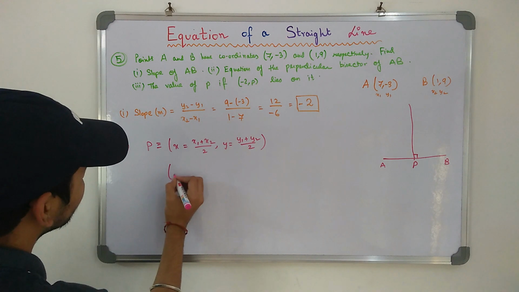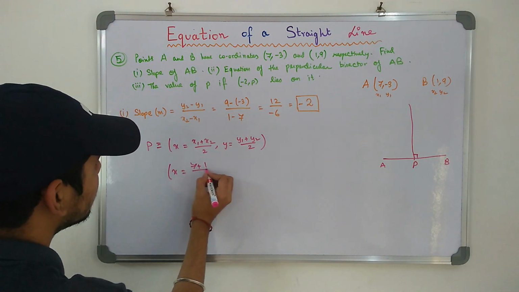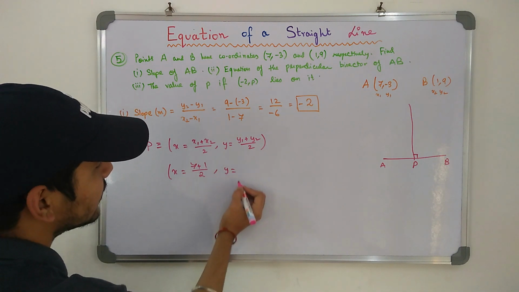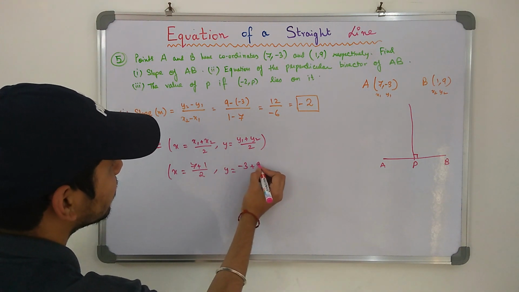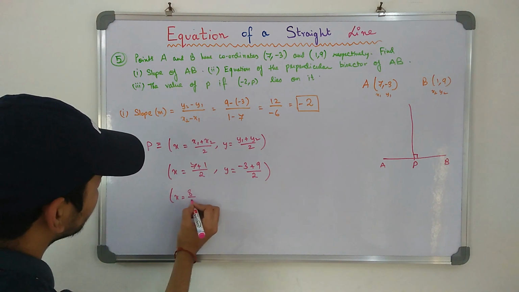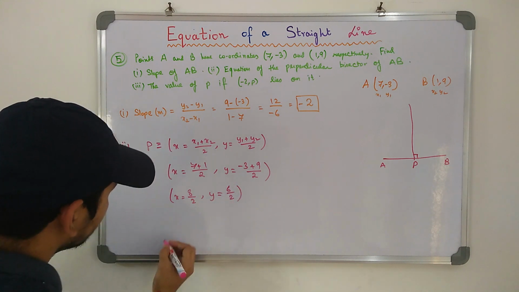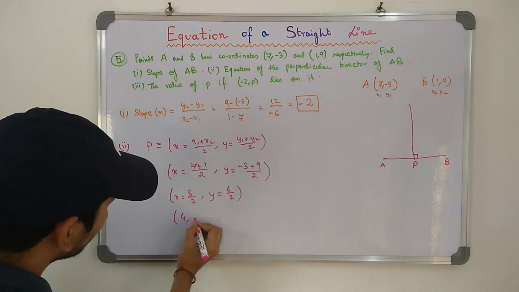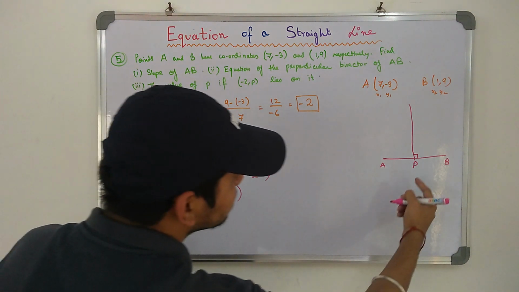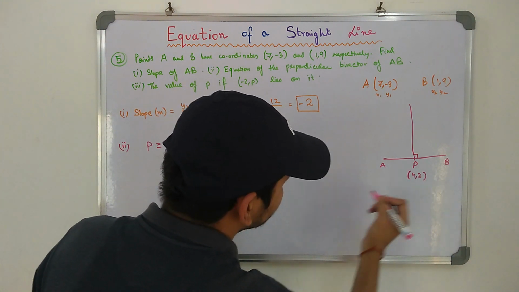So we get x is equal to (7 plus 1) divided by 2 and y is equal to (minus 3 plus 9) divided by 2. So what do we get? x is equal to 8 by 2 and y is equal to 6 by 2. Therefore we get the coordinates (4, 3). Hence the coordinates of P, the midpoint of AB, is (4, 3).